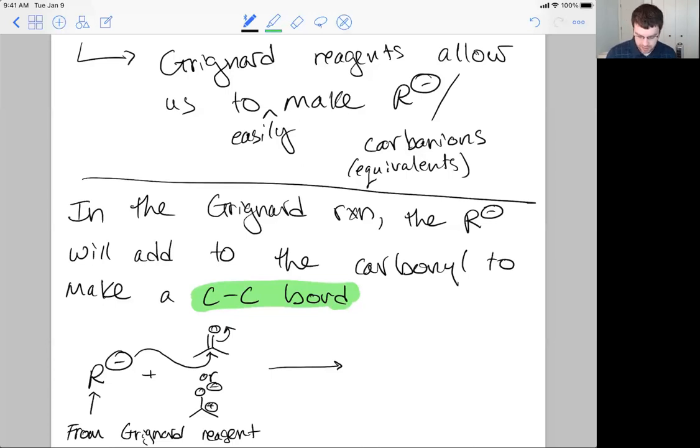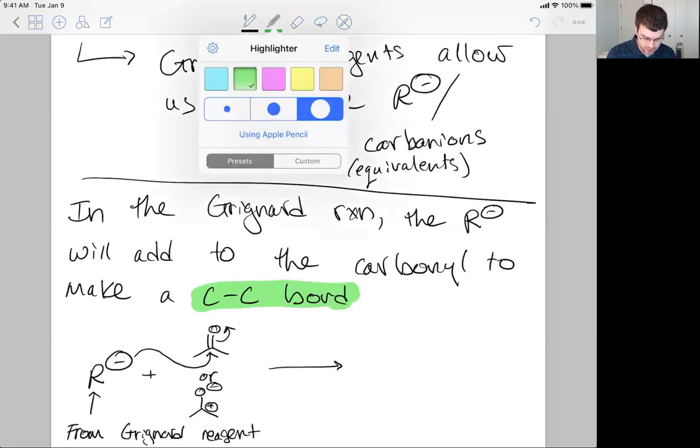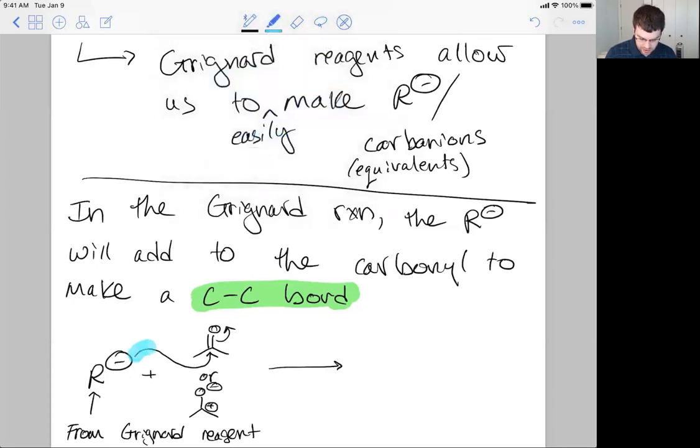Anyway, the R minus is attracted to the carbon atom, and it adds to that carbon atom and pushes the electrons up. Let me trace those arrows just so you can see what I'm talking about. We're going to take one curly arrow. The negatively charged thing does the attacking, and it's going to attack the carbon. And then so as to not break its octet, the carbon is going to boost its electrons up and onto the carbonyl oxygen, and that's going to give us this species where we retain our balance of charge.